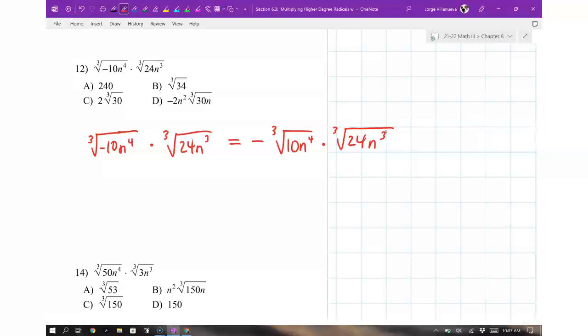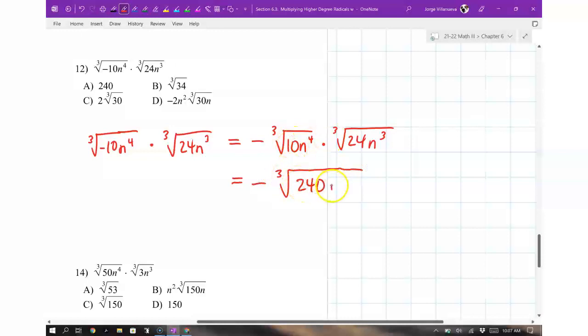Now I'm going to multiply. So when I multiply, I get negative cube root of 10 times 24 is 240n to the seventh.